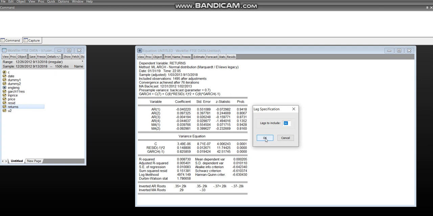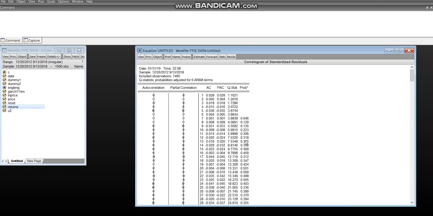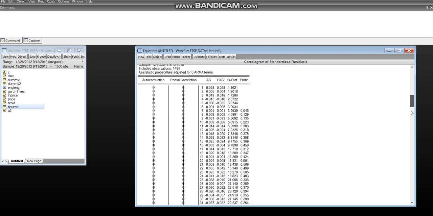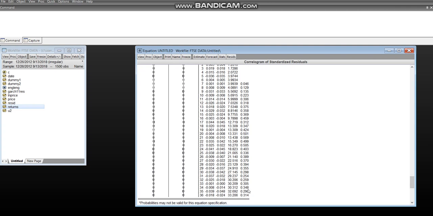This is for the Ljung-Box test. Actually the first one at the 7th lag is below 0.05, but as you can see, all the others are significantly above 0.05. So I think on the whole, you could probably say that it doesn't suffer from autocorrelation.